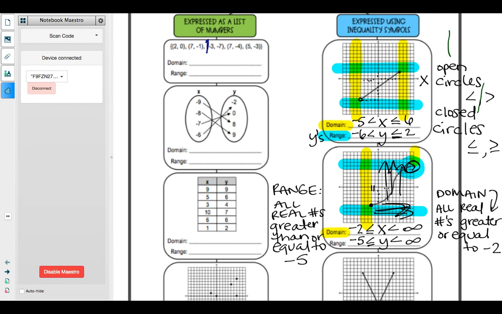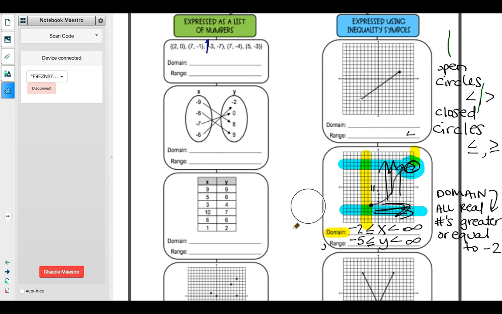I strongly, strongly, strongly suggest that you do the 2 highlighters and that you crop these graphs. If you can do that, then you will have no problem. Okay. So I'm going to go ahead and erase this part. We have 2 more examples, and then we will cover some stuff on the back just as more practice problems.